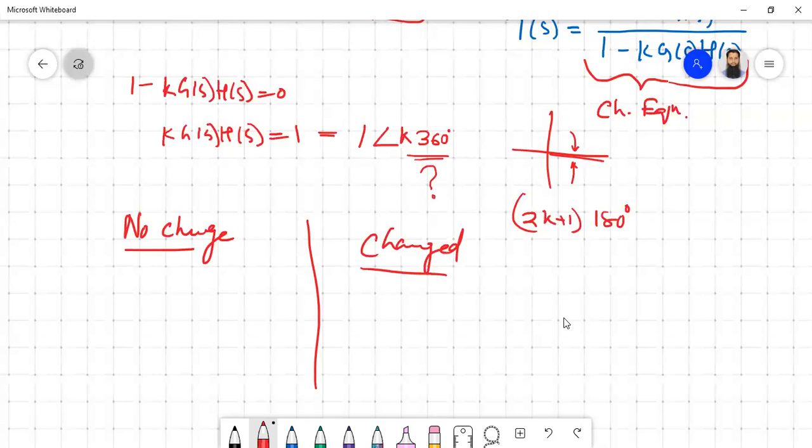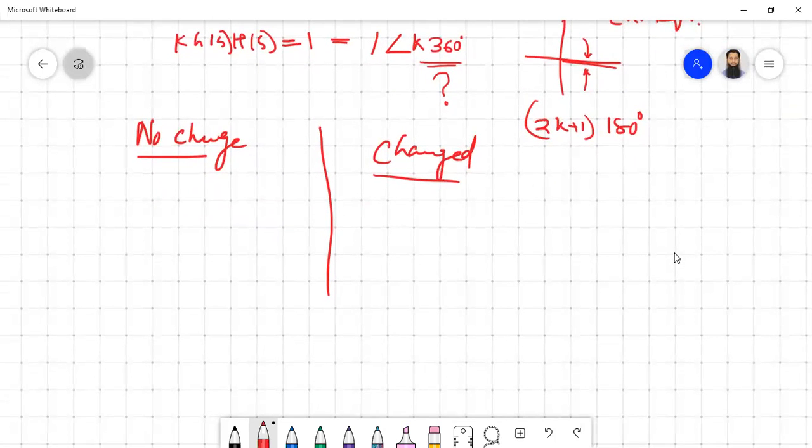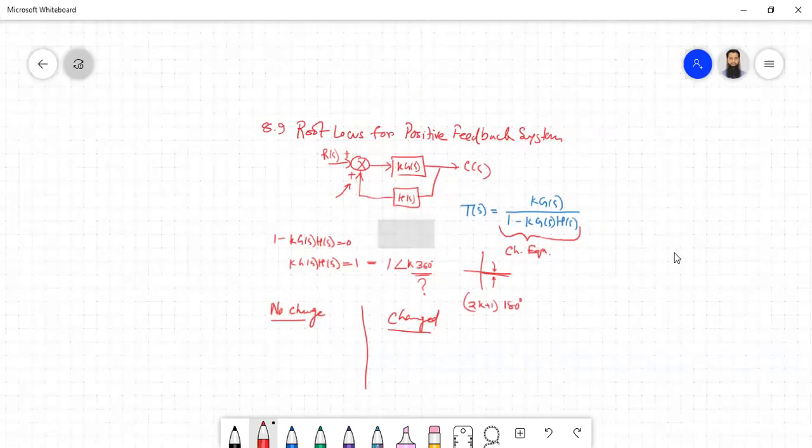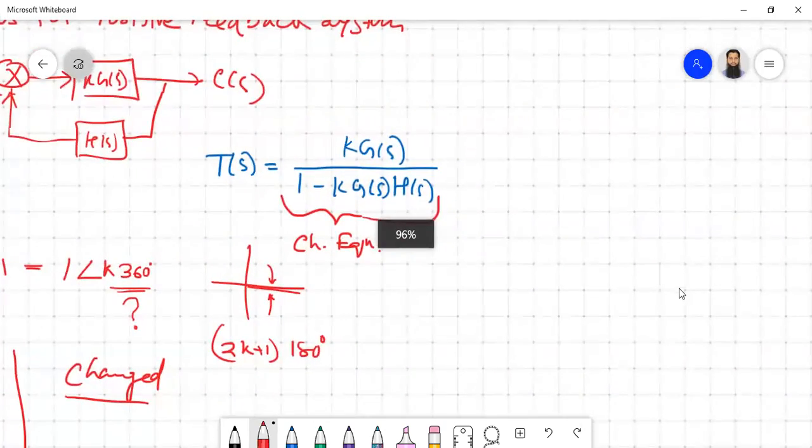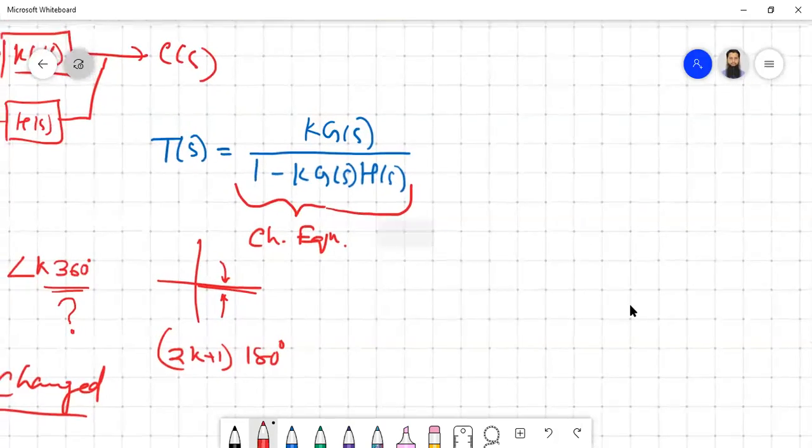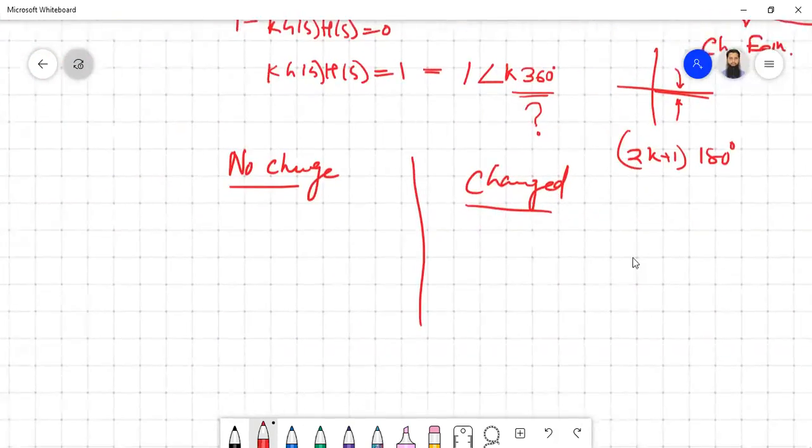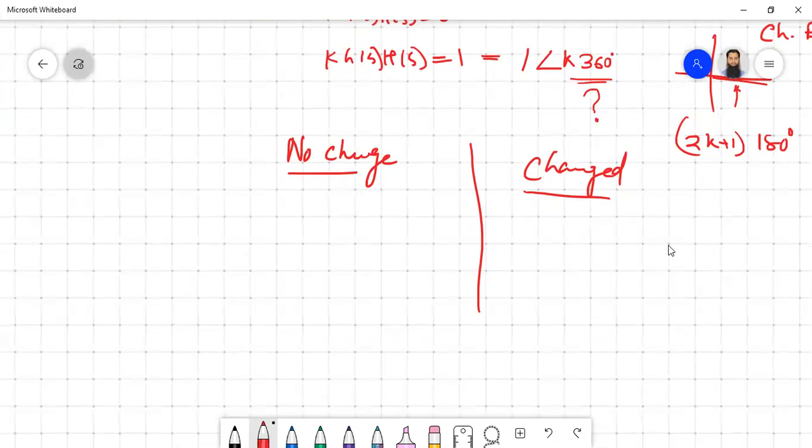Firstly, the number of branches, will it change? No. Rule 1, the number of branches, remains as it is, depending on which is higher. Then symmetry, because complex poles appear in complex conjugates, will also be the same.